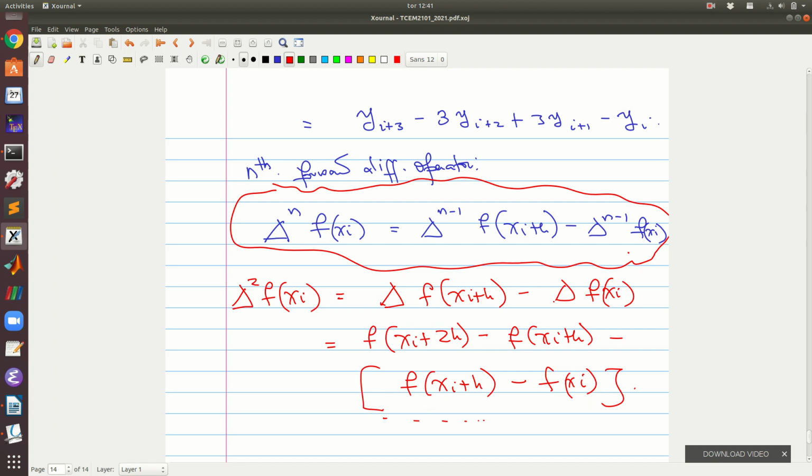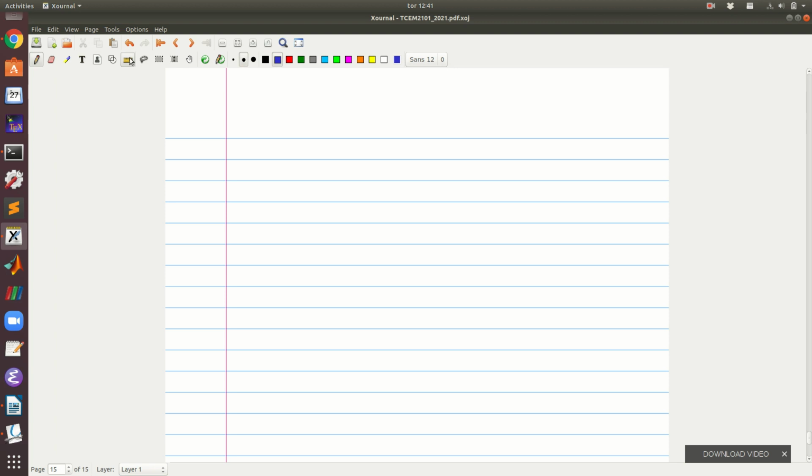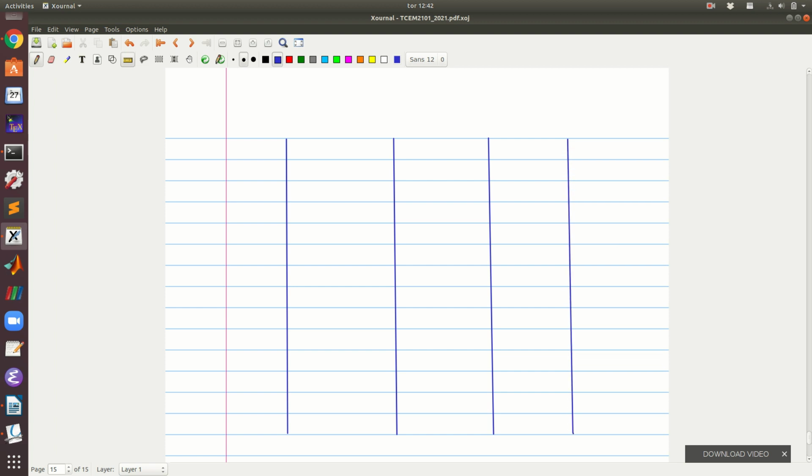So we can write these forward differences in a table form as follows. I'll just have a column here, then a second column, then a third column, then a fourth, and so on.